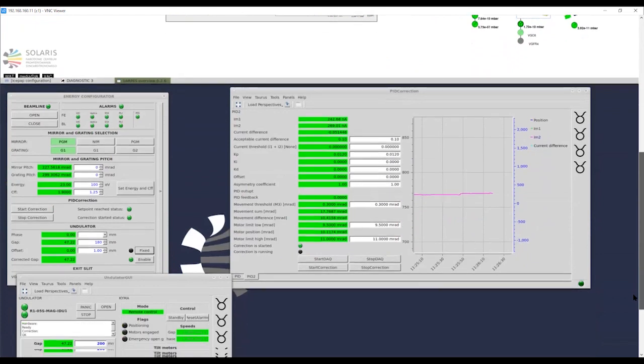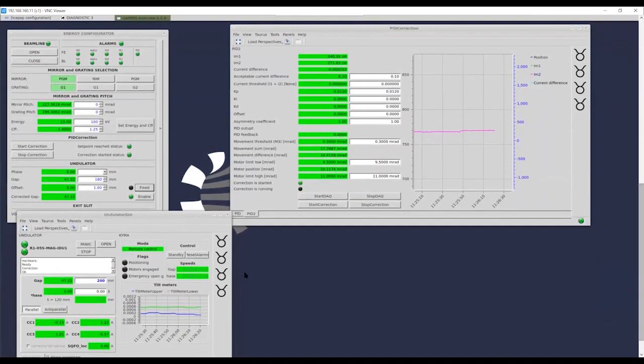And next, you can see the energy configurator. You can open the beamline, you can change the energy and the CFF parameter, which is important for the PGM monochromator.